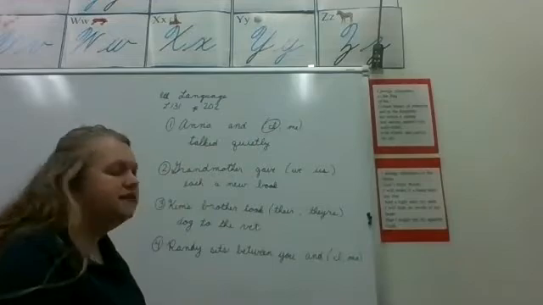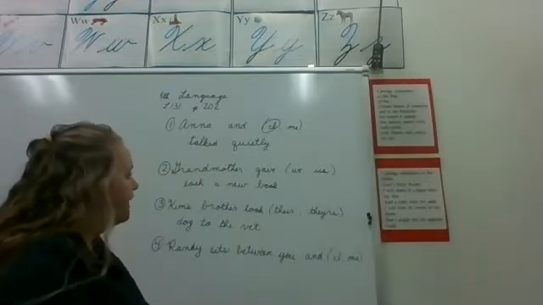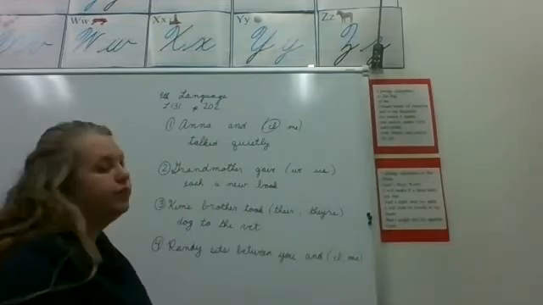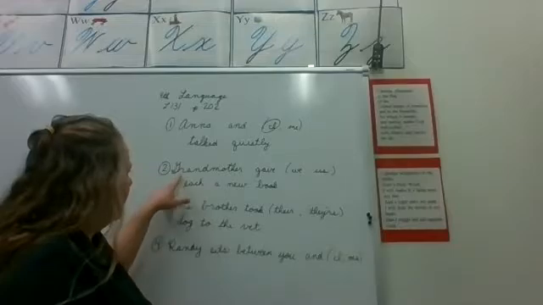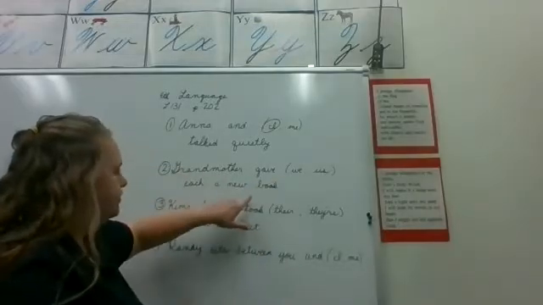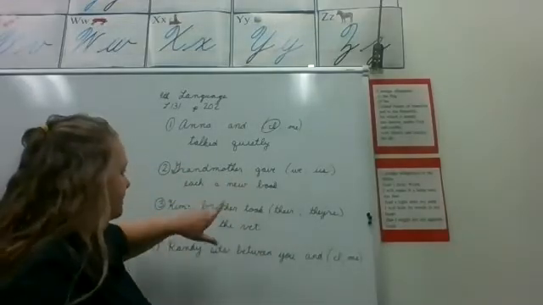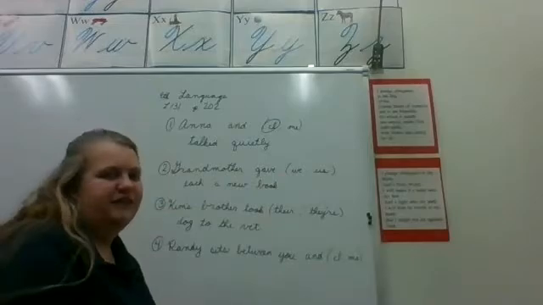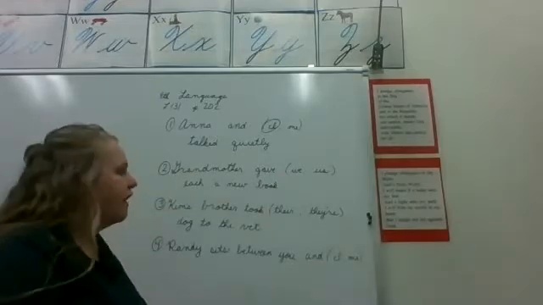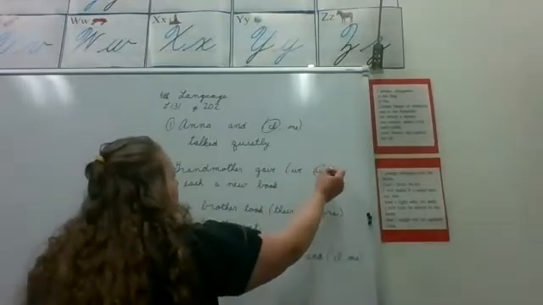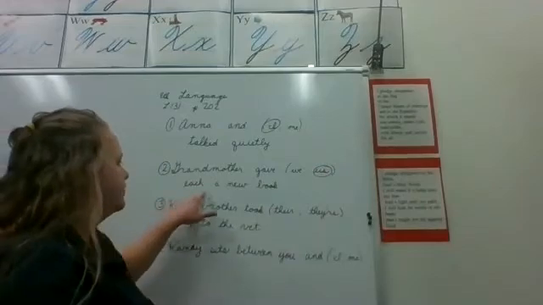Okay, in the second sentence, grandmother gave we or us each a new book. Grandmother gave we each a new book, or grandmother gave us each a new book. All right, that would be us. Grandmother gave us each a new book.